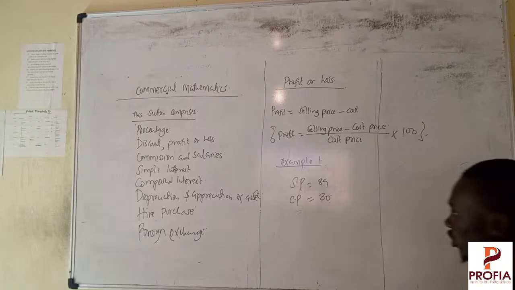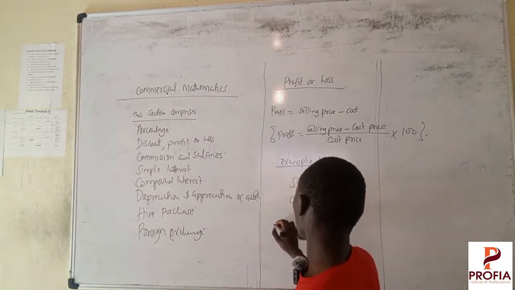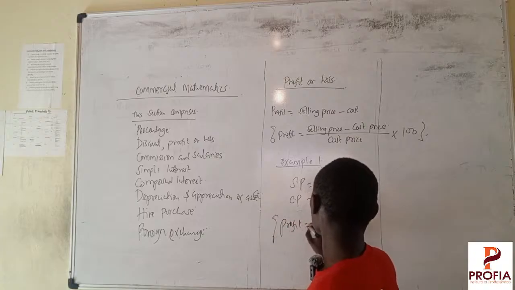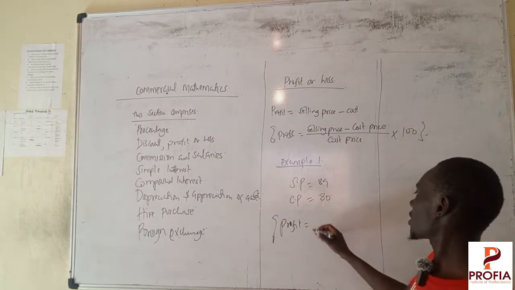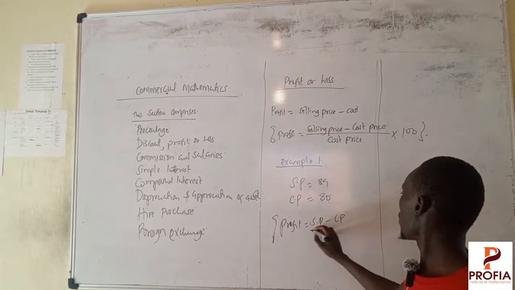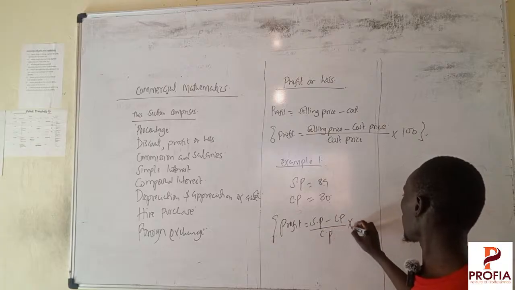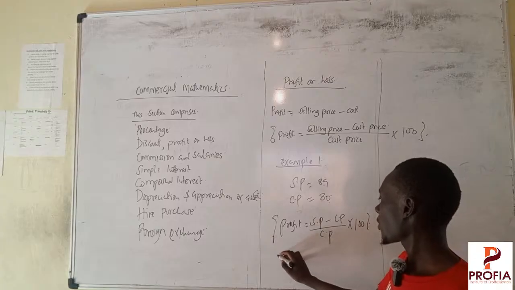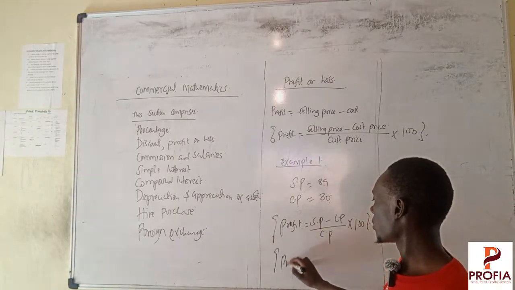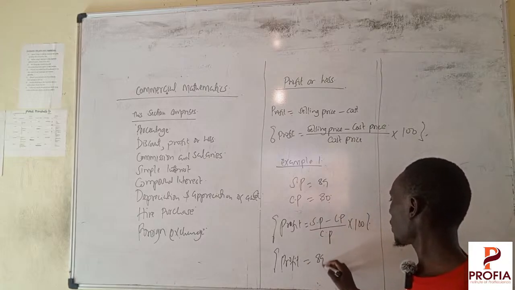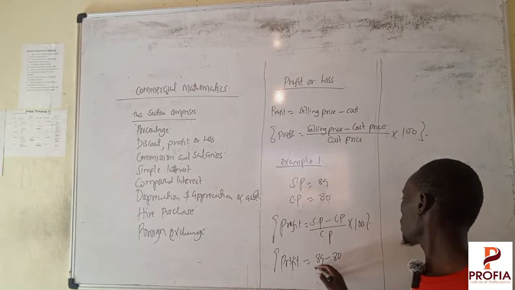They want us to calculate the percentage profit, and we've said the percentage profit is equal to selling price minus cost price all over cost price times 100%. So our percentage profit will be 89 less 80 over 80 times 100%.